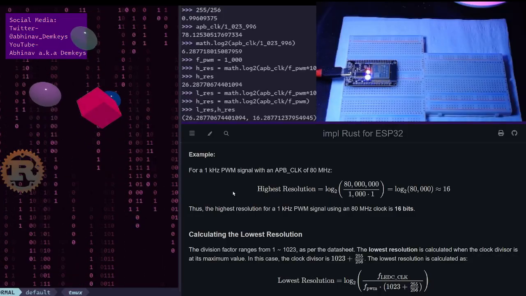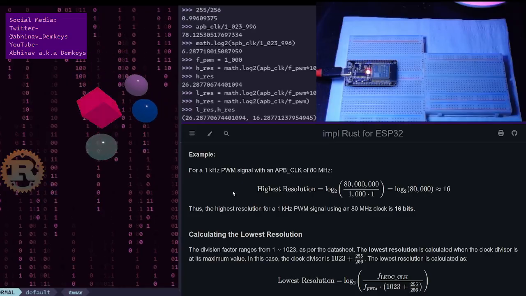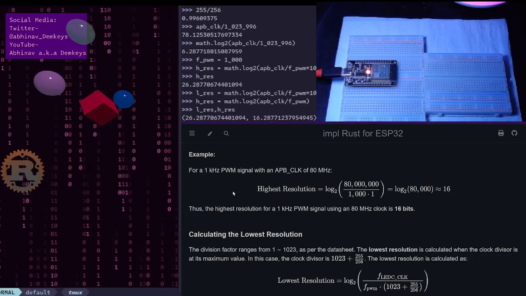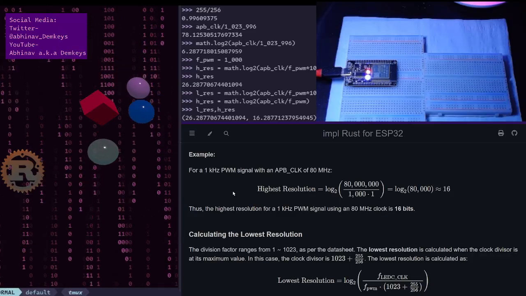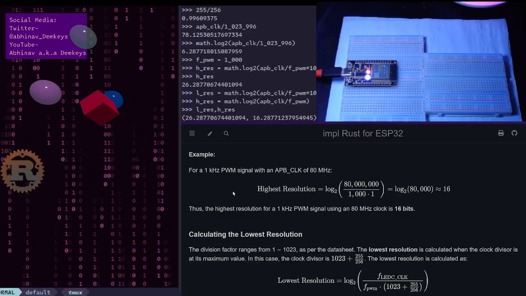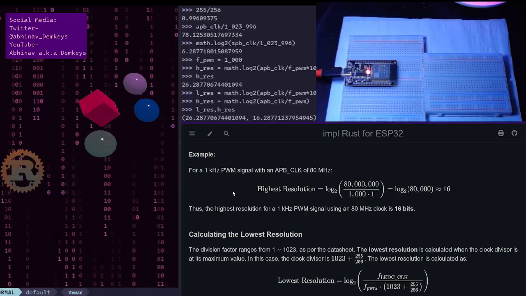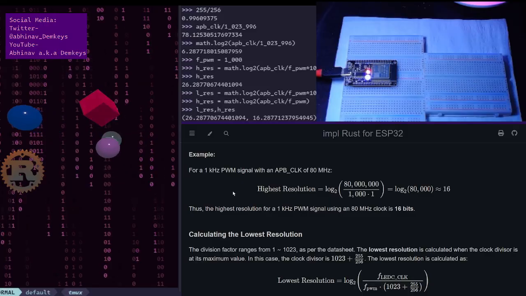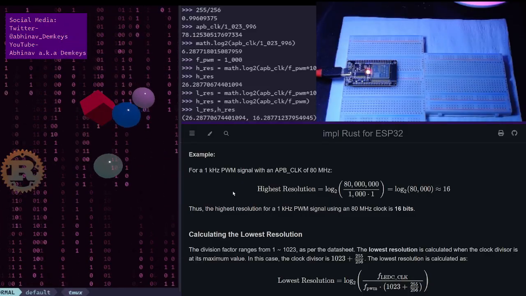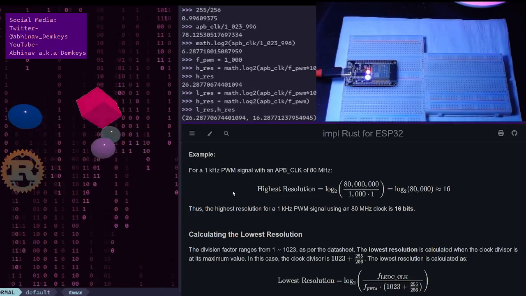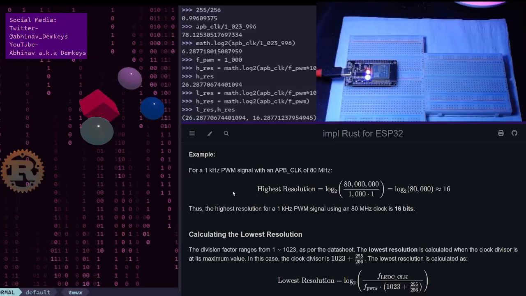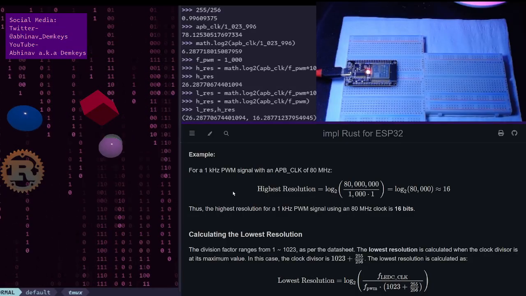I'm having trouble understanding these formulas because using an f_PWM of 1000, I get a lowest resolution of 26 and a highest resolution of 16.